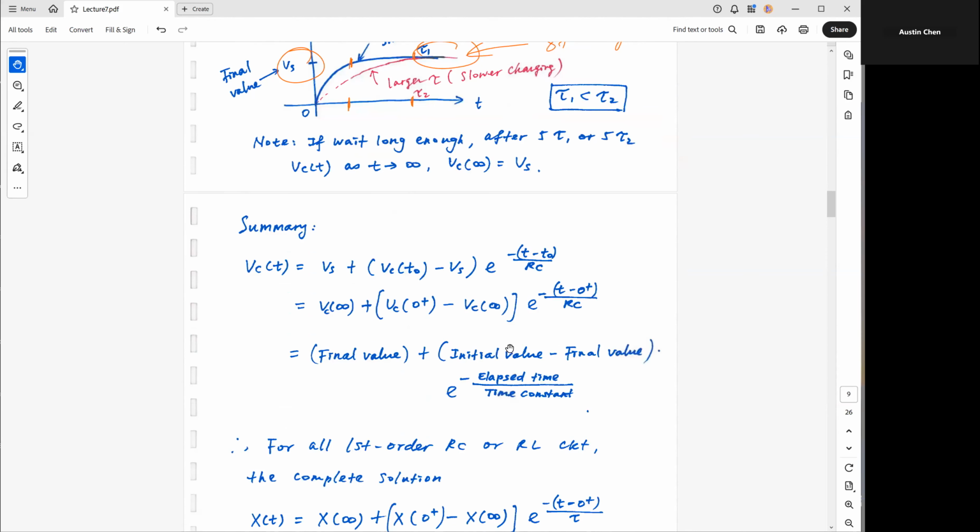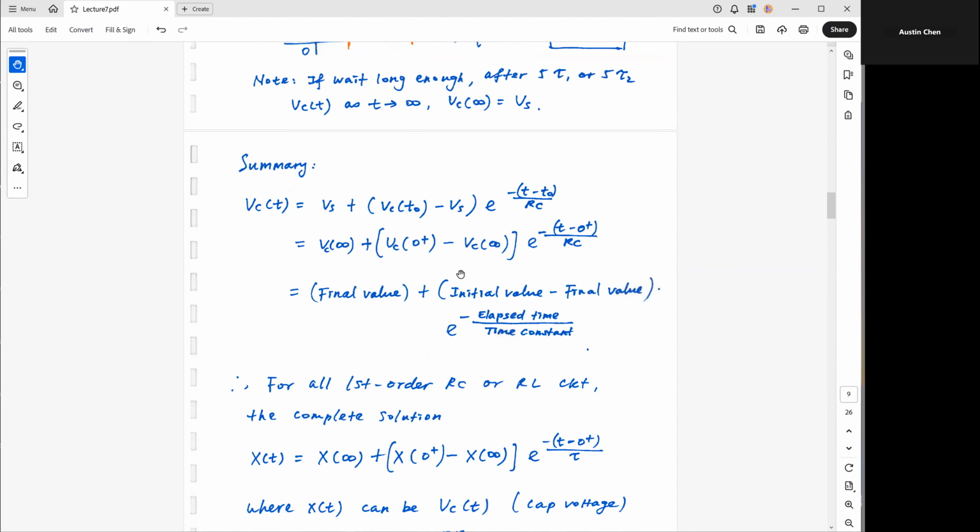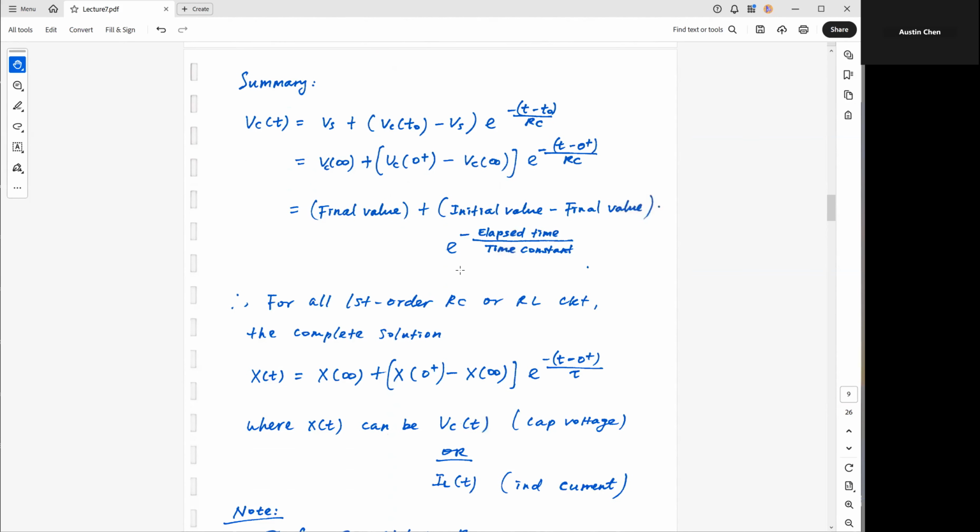Just a quick summary here. This is a very important, universal equation that you can use when you see first order circuits, regardless of RC or RL. It will follow the same form.